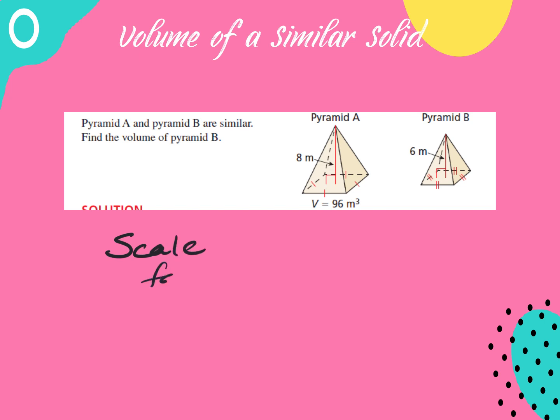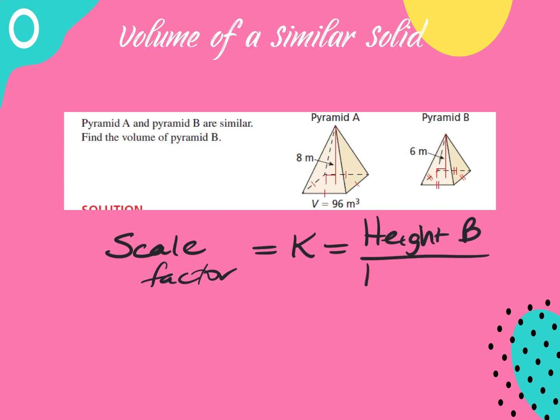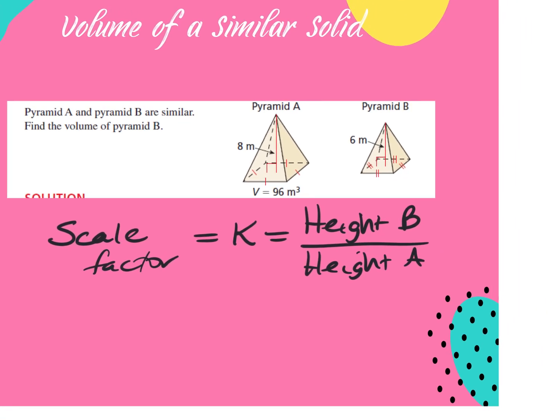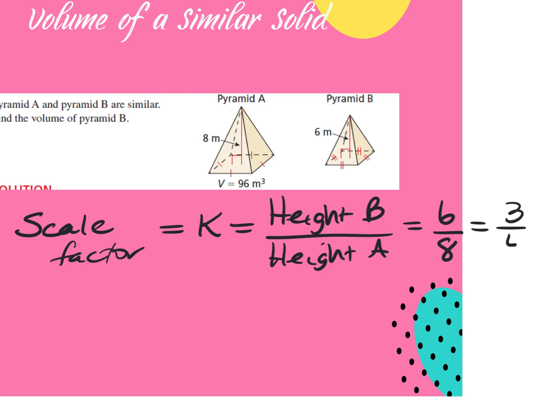So if you see it in our book, they like to use K. And to get that scale factor, I'm going to take the height of B and put it over the height of A. Now, if they're not asking you for a scale factor and you just are trying to set up a proportion, it wouldn't matter if you did A over B. But I'm going to go B over A because I'm going to show what they did to A to make it B. So I'm going to take the height of pyramid B, which is 6, over the height of pyramid A, which is 8, reduce that, and my scale factor is 3/4.